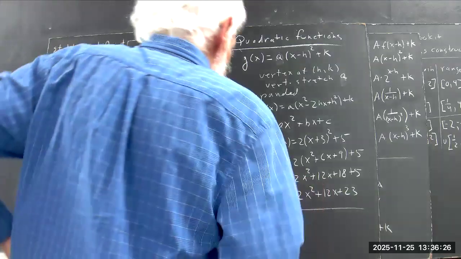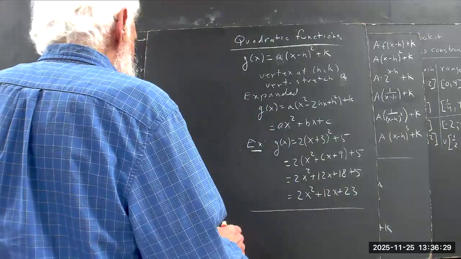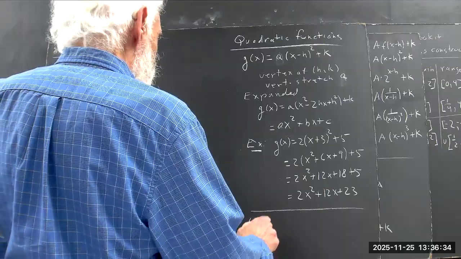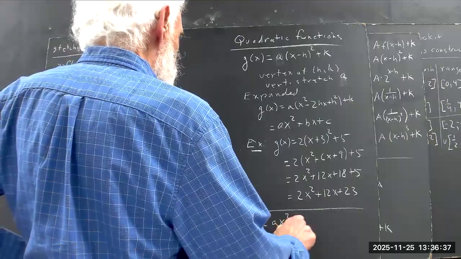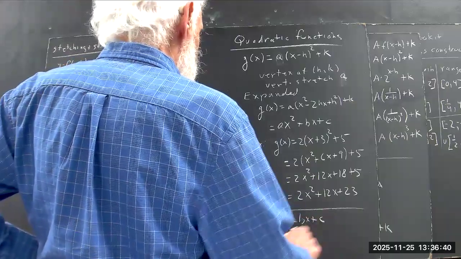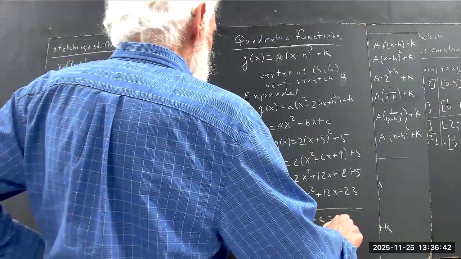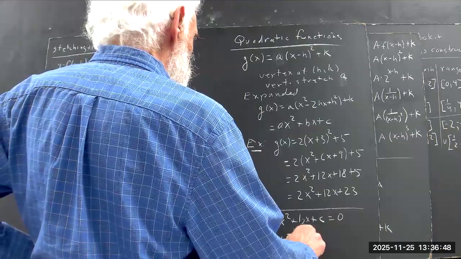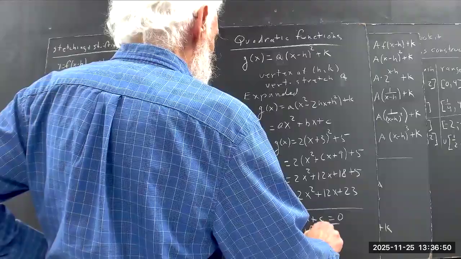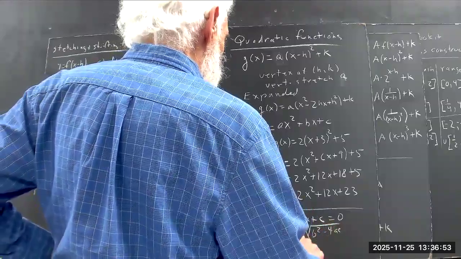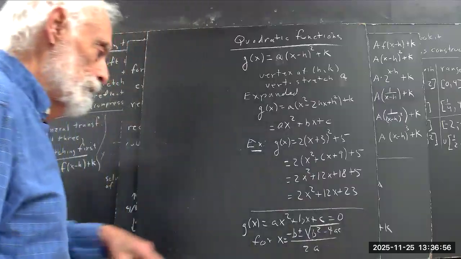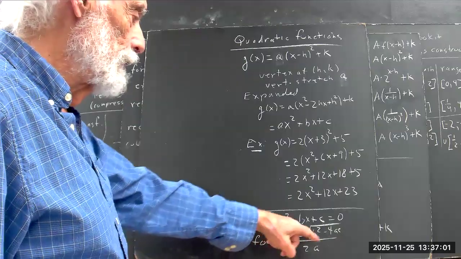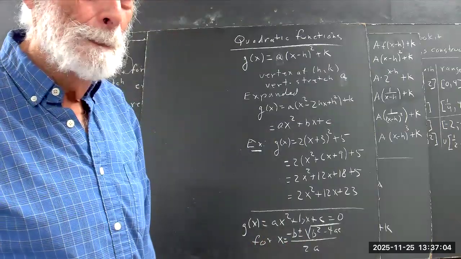Okay, so what do we do here? Well, we use the fact that the equation ax squared plus bx plus c equals 0 has solutions x equals negative b plus or minus, etc. Okay?